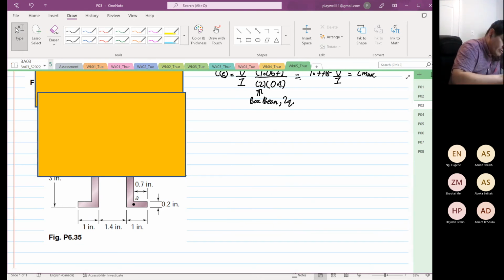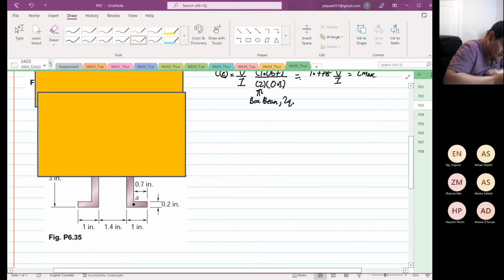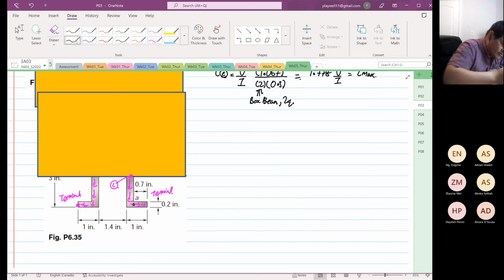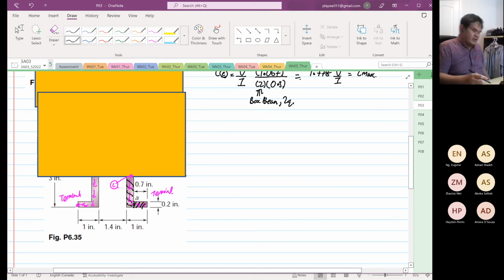So what we have here is our Q. We realize that the terminal on the left and the terminal on the right are independent, right? At this position, this is where our point C is. So the area to consider is this whole area that I'm shading now.